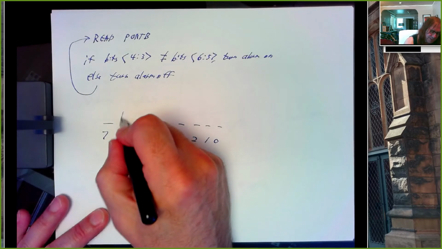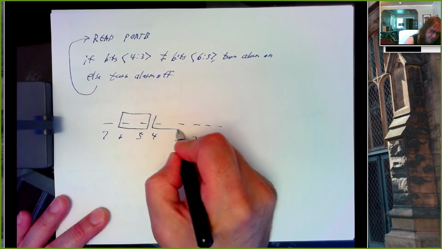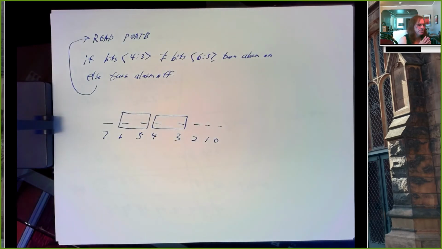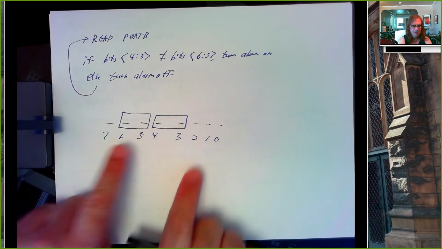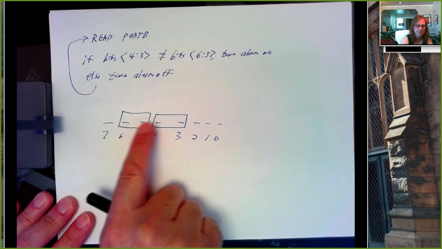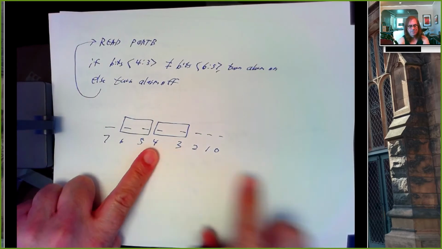We're interested in looking at these 2 bits, and we're interested in looking at these 2 bits. And we want to know, are those the same bit patterns? 1 1 1 1, 1 0 1 0, 0 1 0 1, 0 0 0 0. Are these 2 bits the same as those 2 bits?